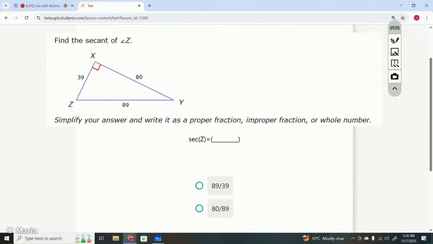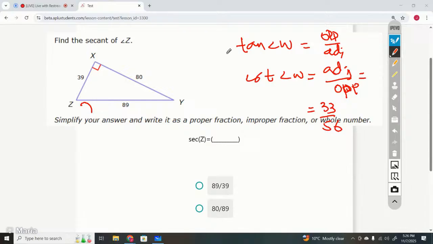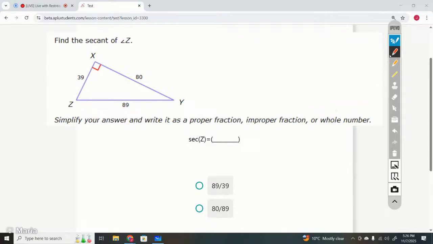Of angle Z. So secant is the reciprocal of cos of angle Z. That is adjacent over hypotenuse.